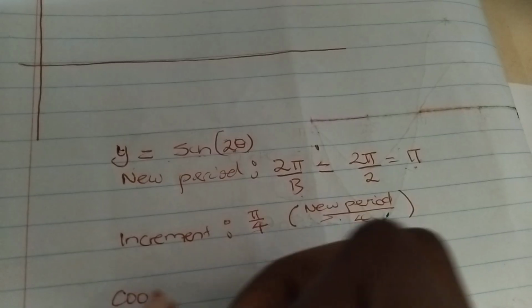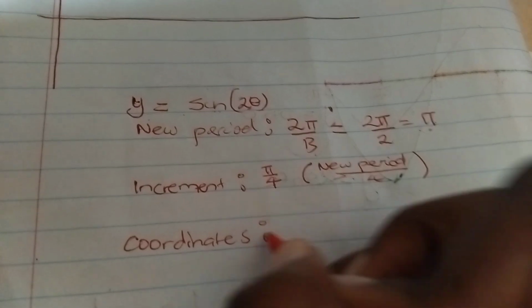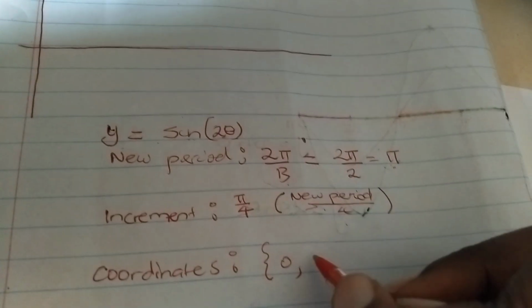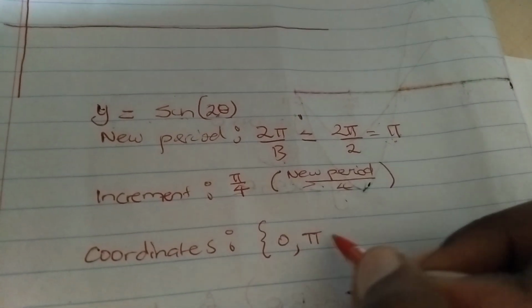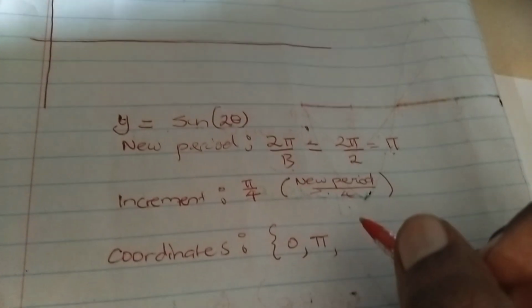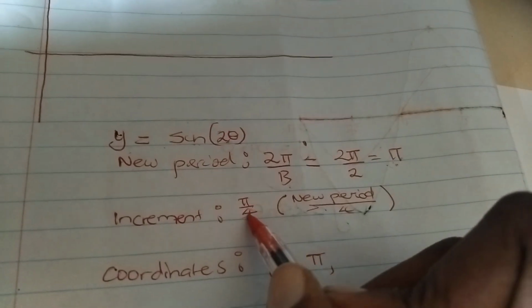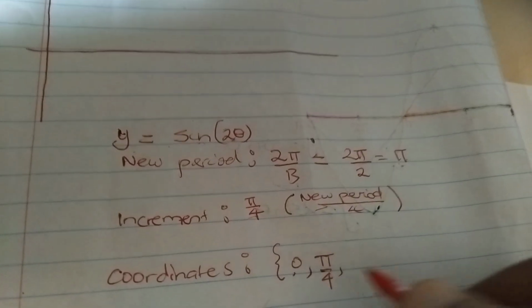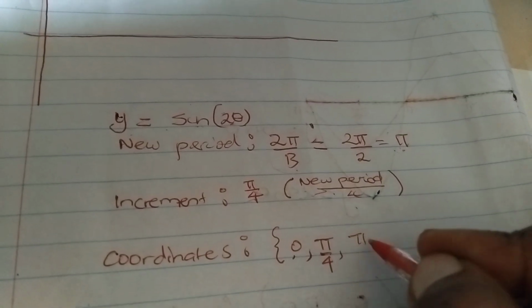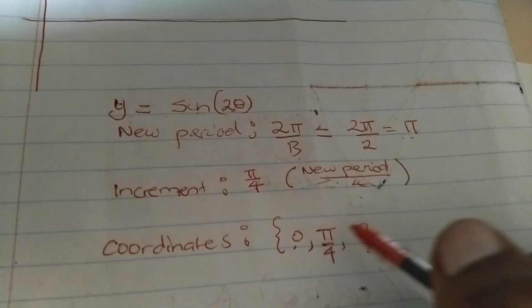The coordinates on the x-axis, we are going to start from 0. Sorry. We add 0 and the increment, pi over 4. Right? And then pi over 4 plus pi over 4 gives pi over 2. And then pi over 2 plus pi over 4.